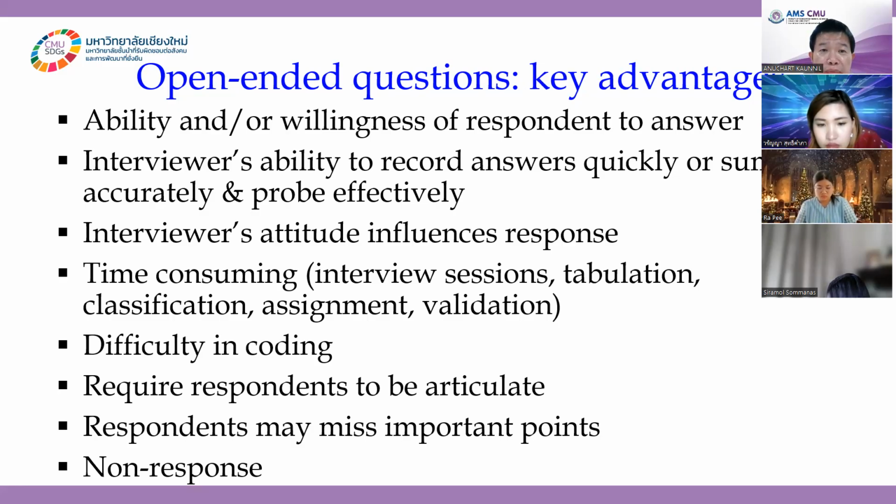To make codes, sometimes we need to group. It depends, sometimes it cannot. We need to separate it. It looks like a malicious thing, something out of the group choice. Okay, it requires the respondent to be articulate, and some point is what we call a misimportant point in terms of the researcher.